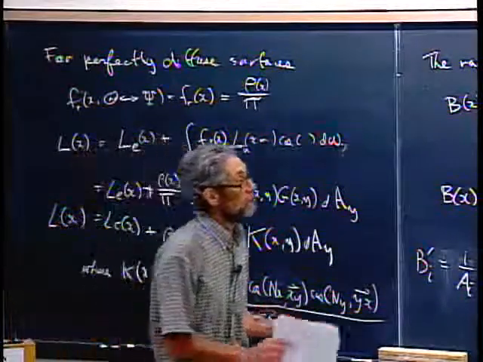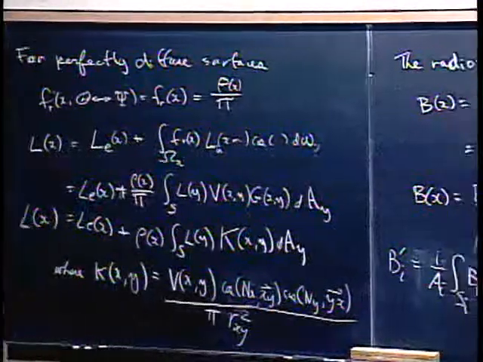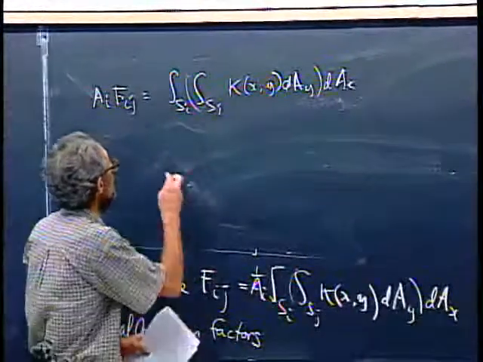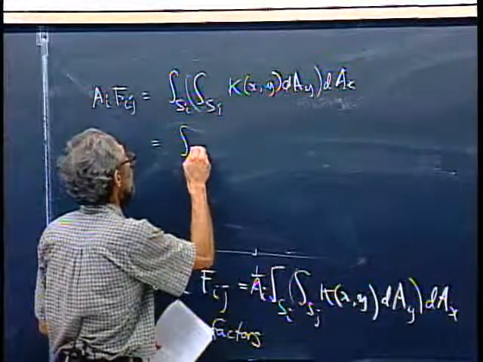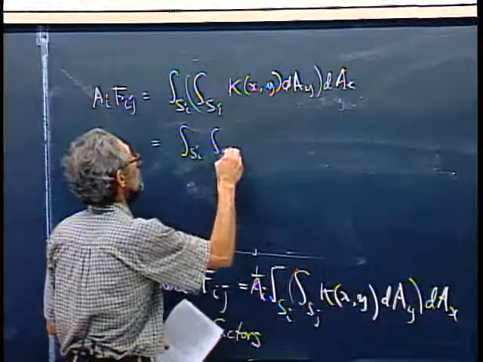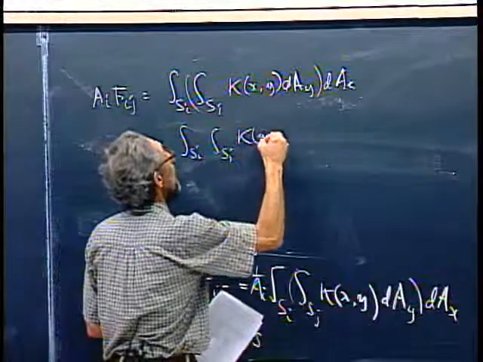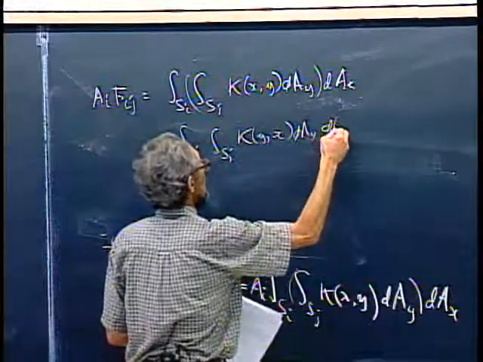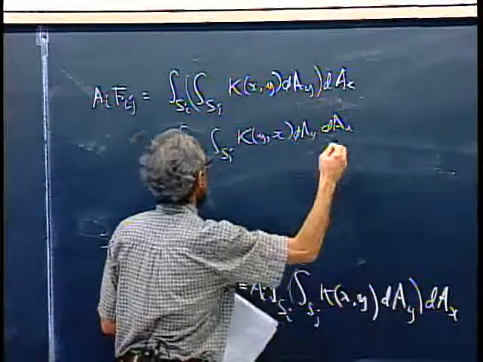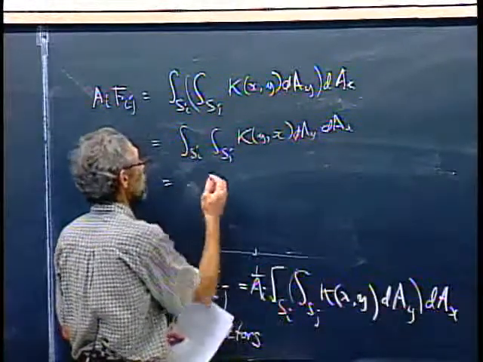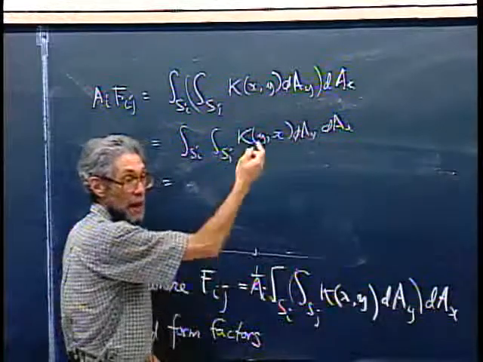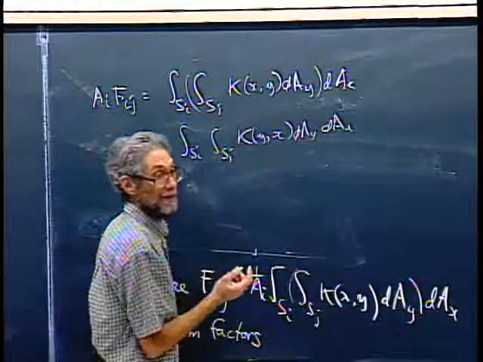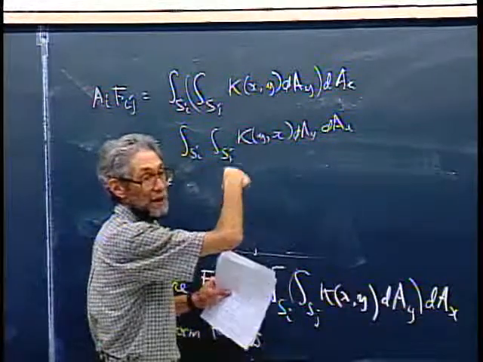So that means this is the same as if you switch the order, the integral over Si, integral over Sj of Kyx dAy dAx. And this is a 2D integral, actually 4D, because each of these is 2 dimensional, but it doesn't matter which you write as the inner integral and which as the outer integral. It's just the limit of a Riemann sum over samples everywhere.